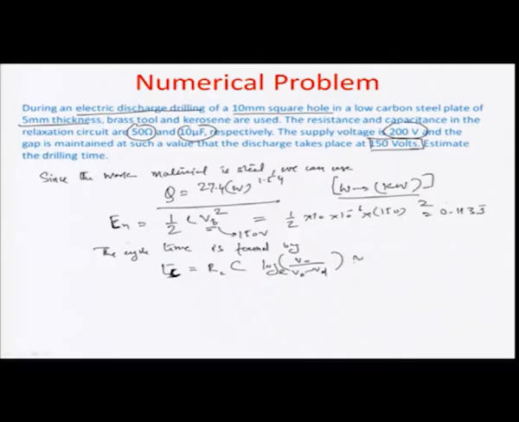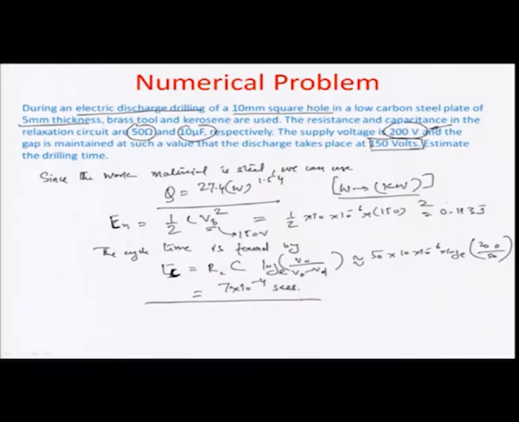So this becomes equal to 50 times 10 to the power of minus 6, the capacitance, times log to the base e of the operating voltage, which is taken as 200 volts in this example, divided by V0 minus Vd, which is about 50 volts in this particular case. So this corresponds to a time of about 7 times 10 to the power of minus 4 seconds.